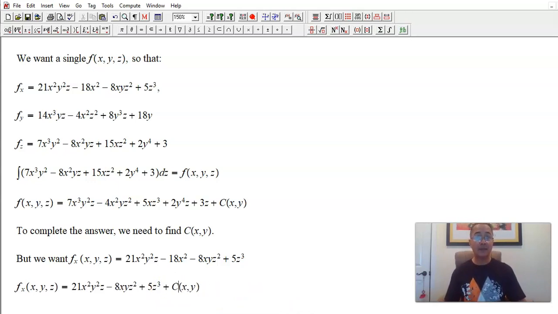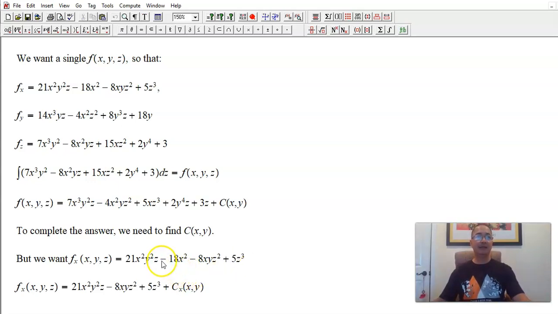And what about c? We need to take a partial derivative of that c as well. So far, so good, because that first term is this first term. So they match, thank goodness. This second term is that second term. So far, so good. 5 z cubed right there.